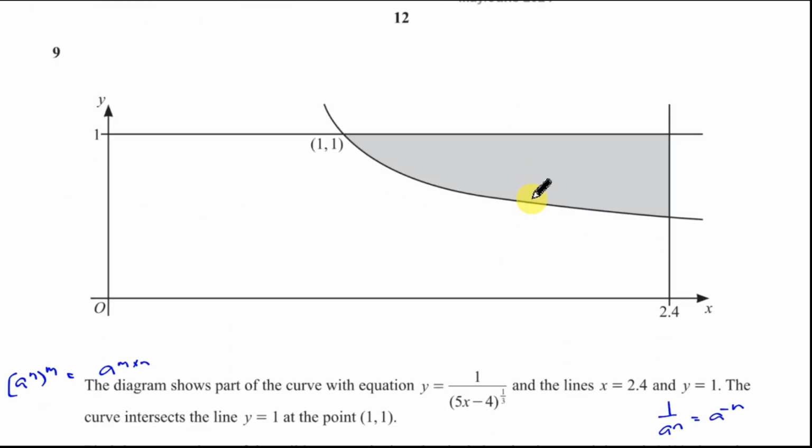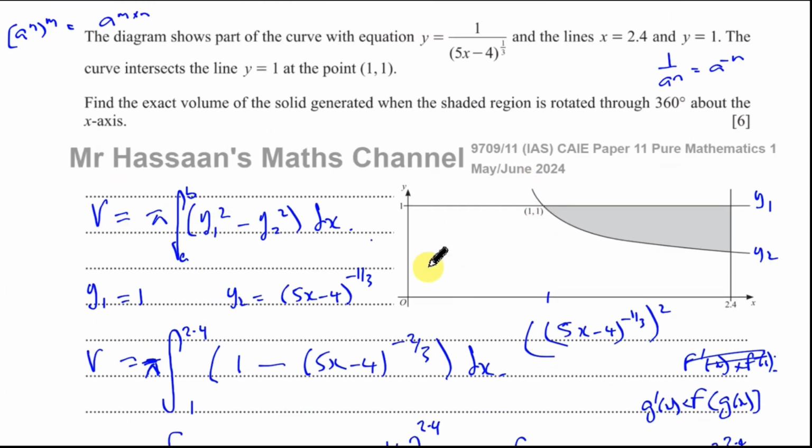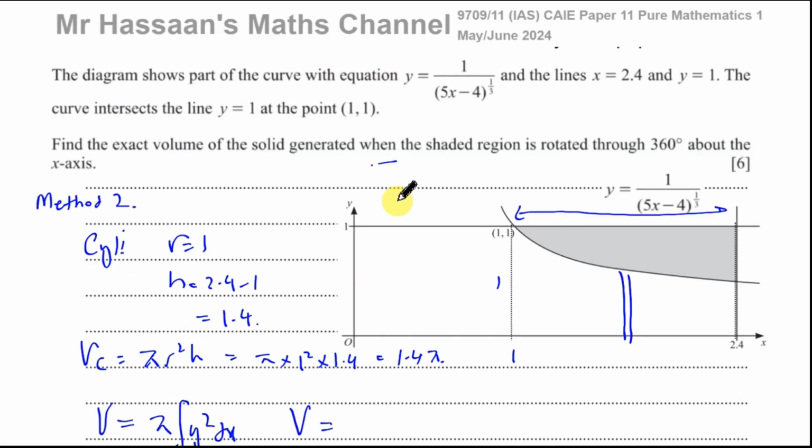So you'd have to think about the area between the 2 of these and use this formula over here. Okay, the volume between them as you rotate it around. So this formula is for that type of case where you have 2 different functions. You'll find the volume formed when the area between them is rotated around the x-axis, or as we said, the y-axis.